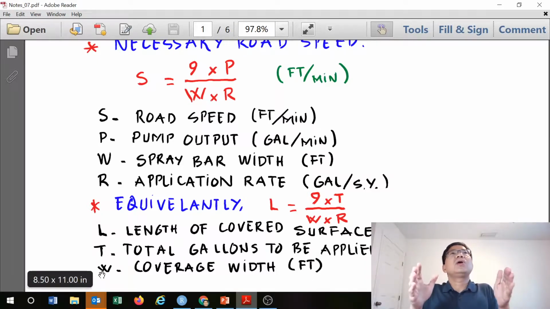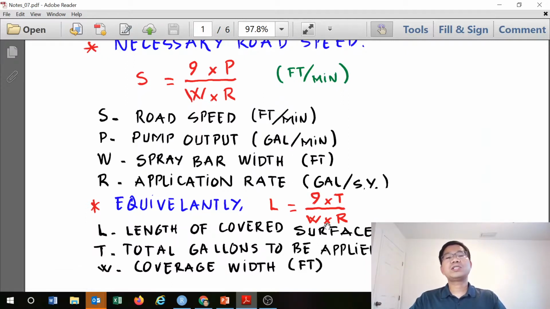For example, if the distributor covers one lane, then whatever the width of that lane is becomes the W lowercase in that equation. With that, we can go to the next video to apply this to determine the total gallons to be applied for a certain segment of the road.